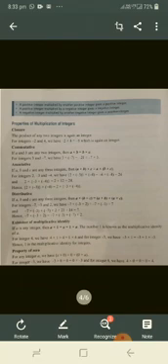Next, associative. If a, b, c are any three integers, then (a into b) into c equal to a into (b into c). For integers 2, minus 3 and minus 4, we have (2 into minus 3) into minus 4 equal to minus 6 into minus 4 equal to 24.